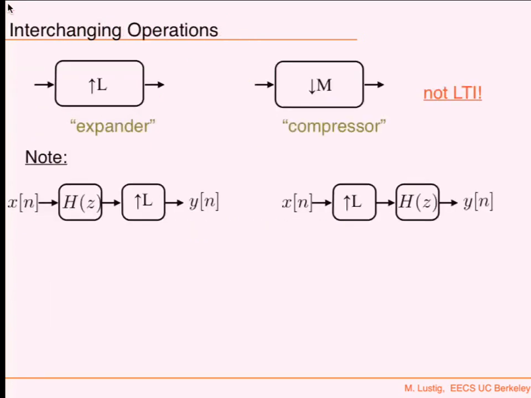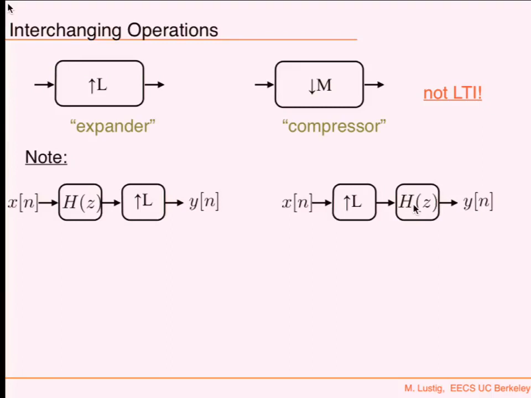Okay, so how do you interchange operations? Expanders and compressors, they're not LTI. Okay? So if I have x of n goes to some filter, and then I'm going to upsample. Okay? If I interchange those, so I upsample first and then go to the same filter, this is not the same.